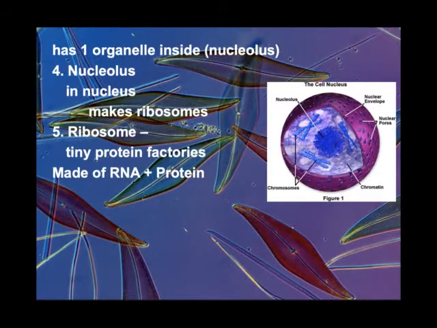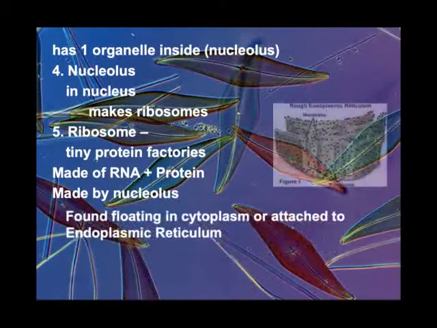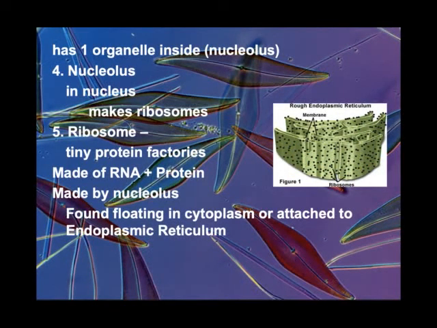They're made by the nucleolus, and they're either found floating free in the cytoplasm, or they're attached to the endoplasmic reticulum, which is going to be our next organelle. All cells, even bacteria, have ribosomes because ribosomes don't have a membrane surrounding them. Bacteria need to produce proteins, so they too have ribosomes. They're not attached to endoplasmic reticulum in bacteria. They're just floating in the cytoplasm.